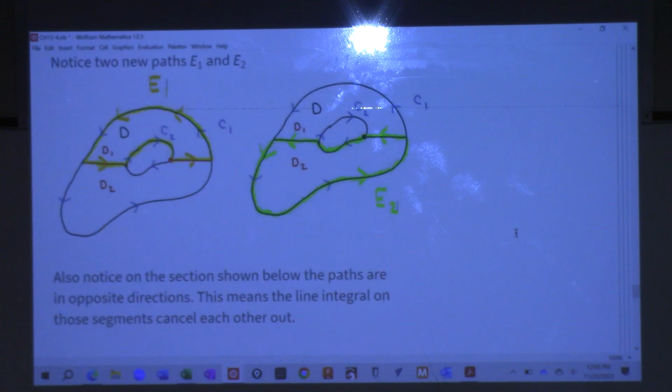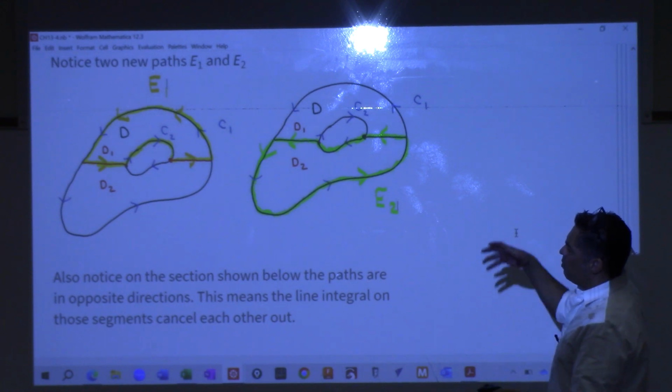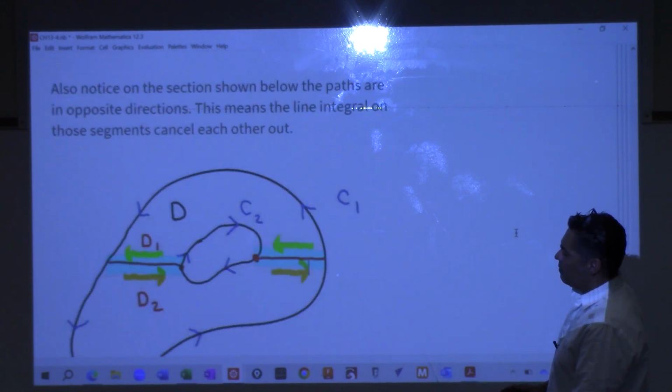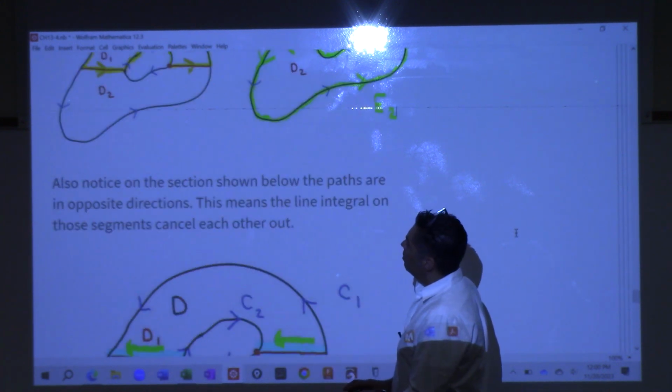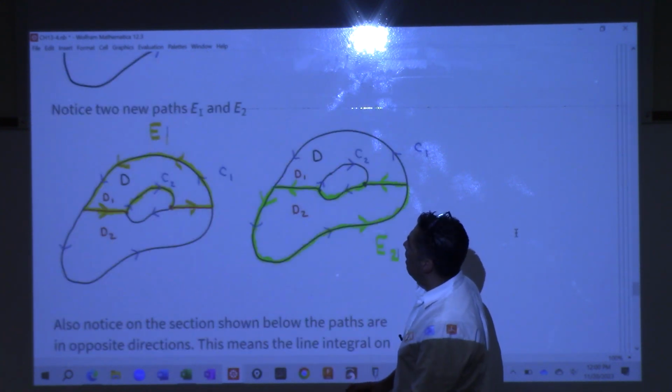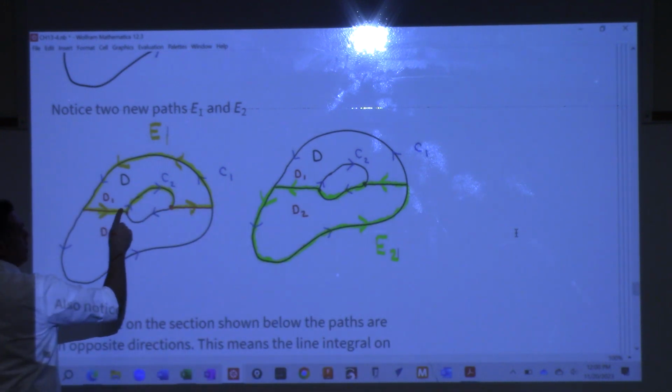I want you to notice now that when we look at this, if I were to put those two together, on this little segment and this little segment, our two paths are going to be traveling in opposite directions. So from here to here is opposite.